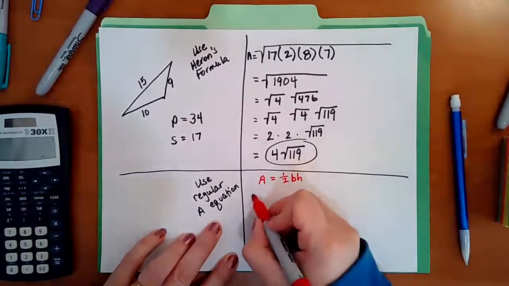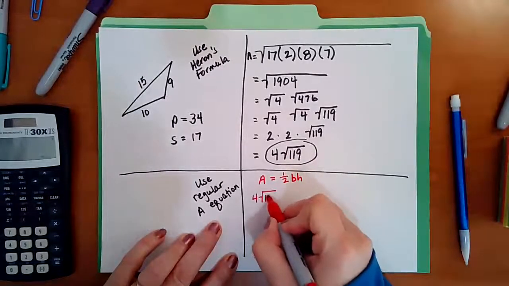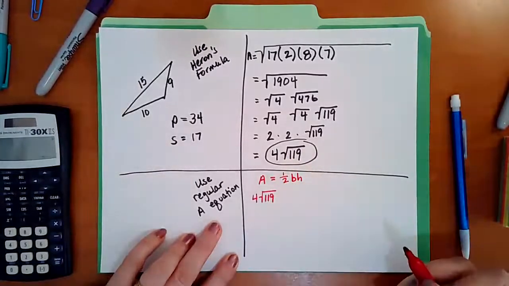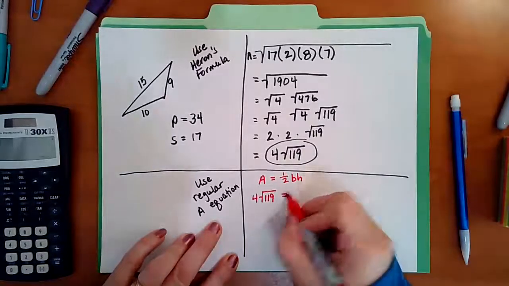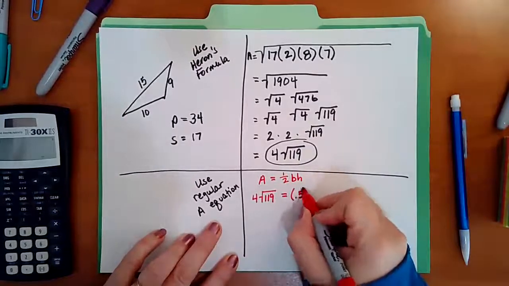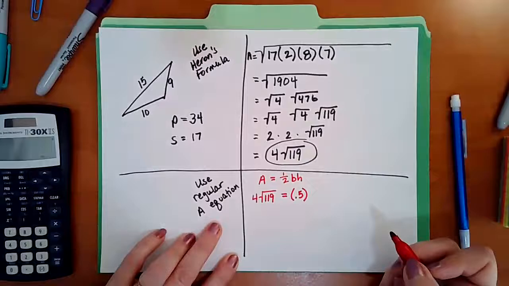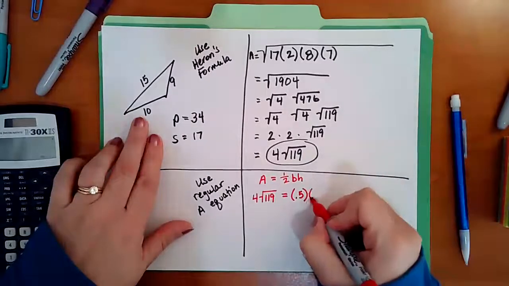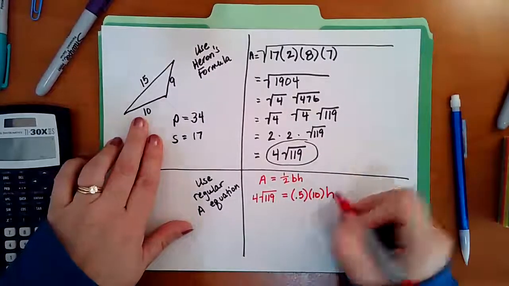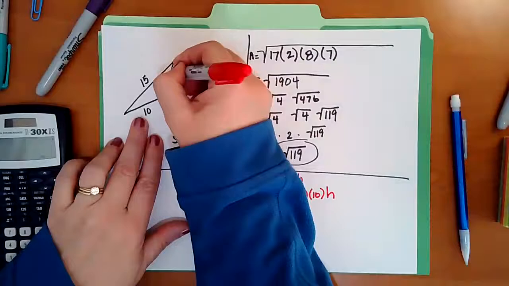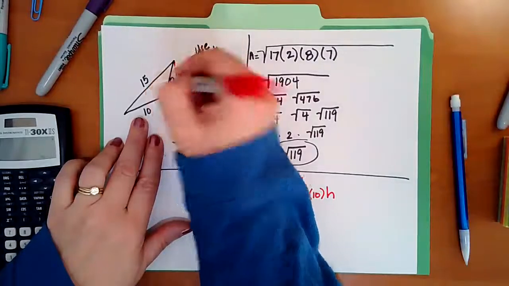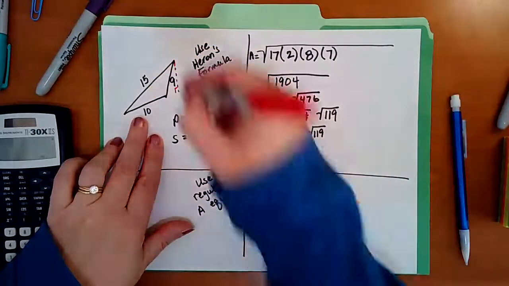We know that our area is this ridiculously ugly number of 4 root 119. Our 1/2, please let me change that into something nice, which is a 0.5. Our base is 10. And our height is what we're trying to figure out.